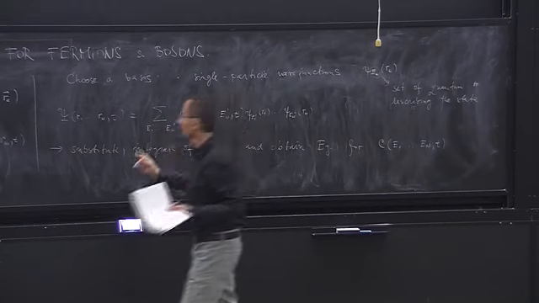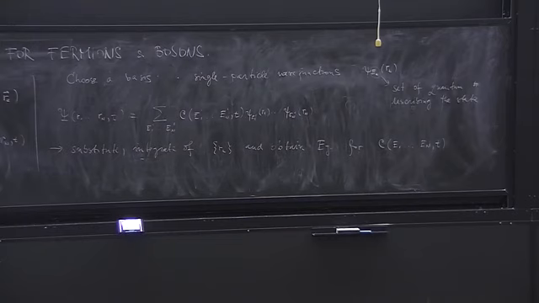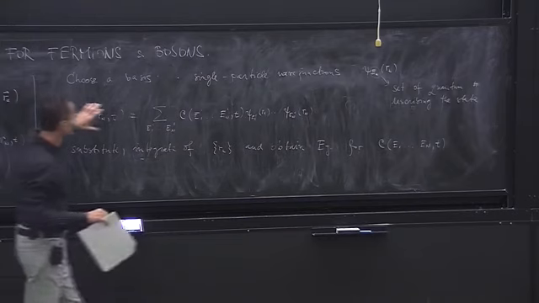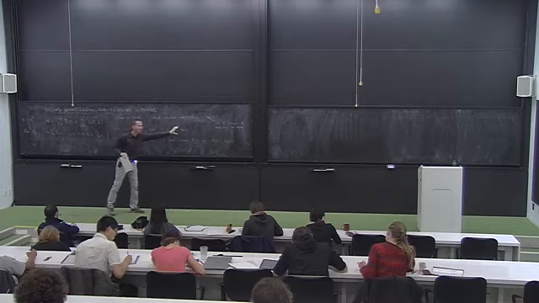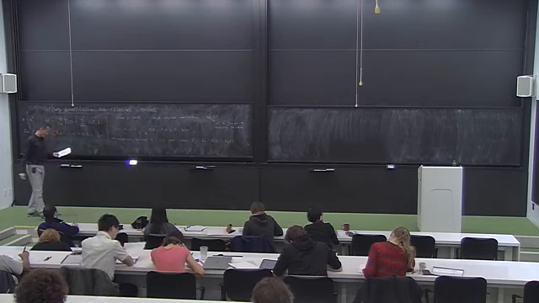There's no approximation. This set of coefficients contains precisely the same information as the wave function, because at any time you can reconstruct the wave function by just using this expansion again.